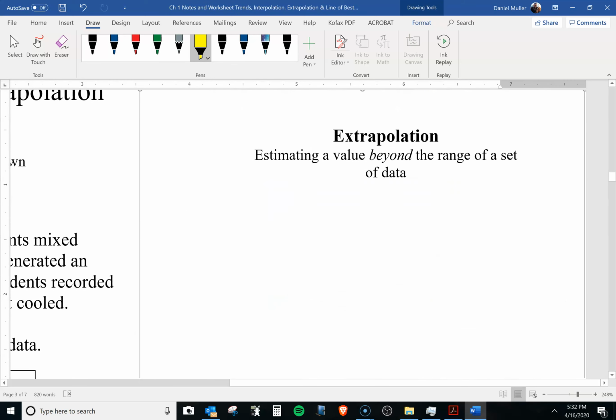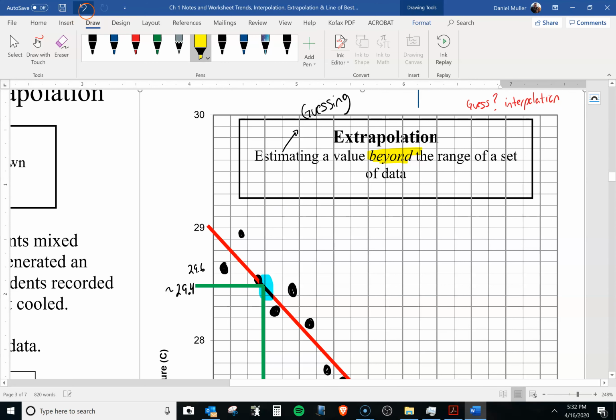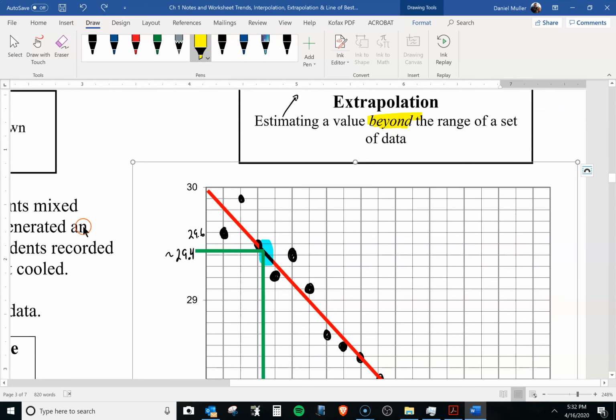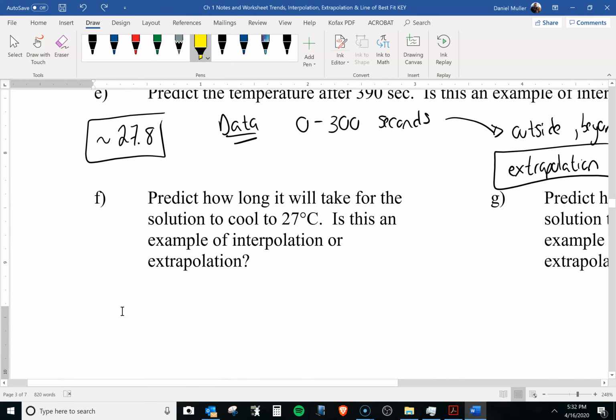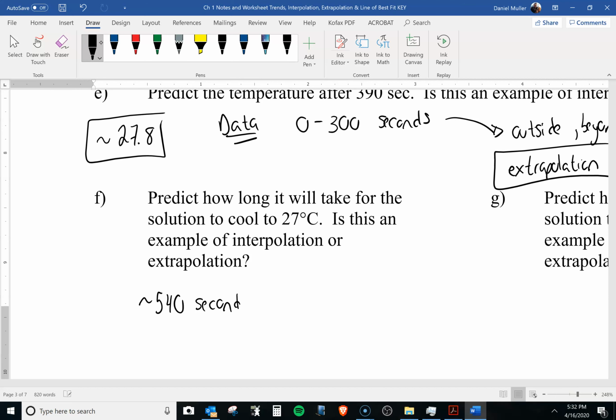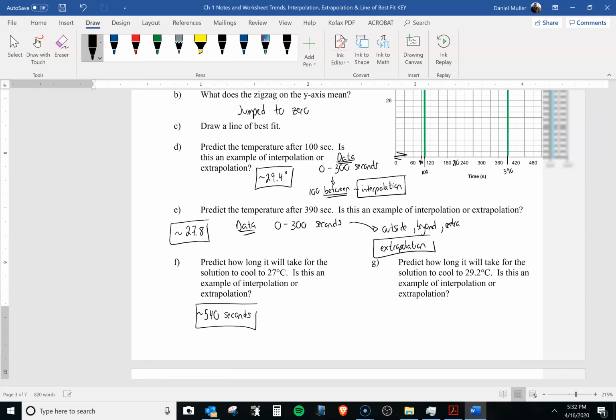Well, according to my line of best fit, I would say 540 seconds. So I just need to write that down. 540 seconds. Is that interpolation or extrapolation? Okay, so I say approximately 540 seconds. Don't forget the units, in this case it's seconds. So I got it down.